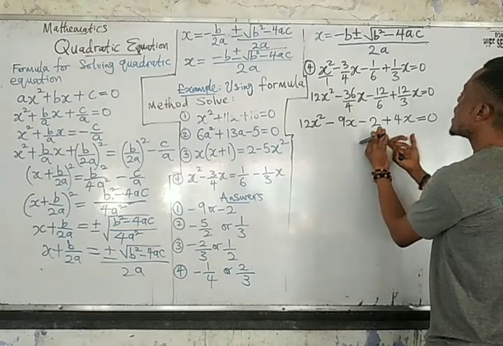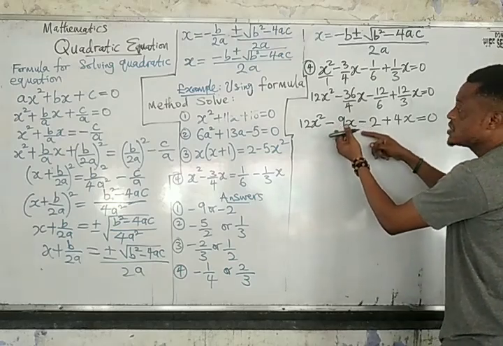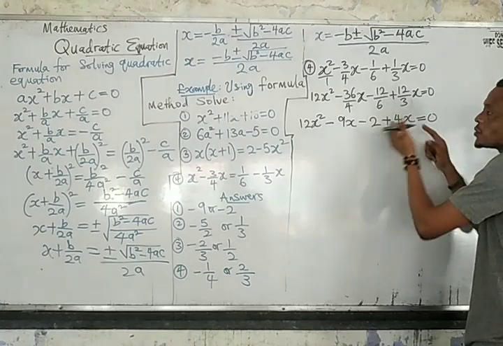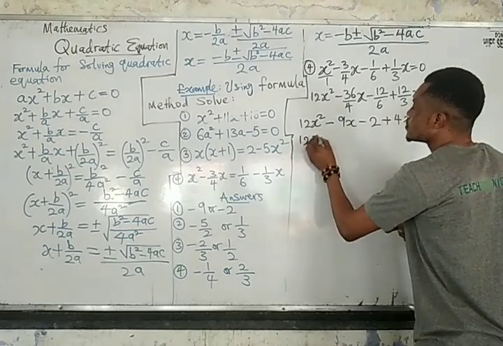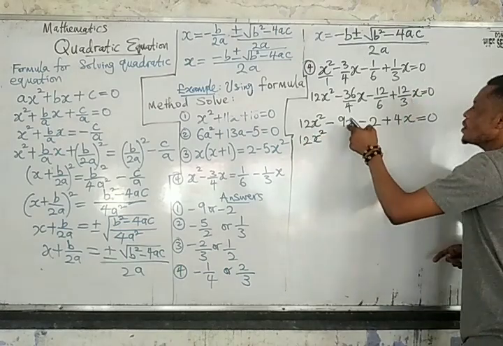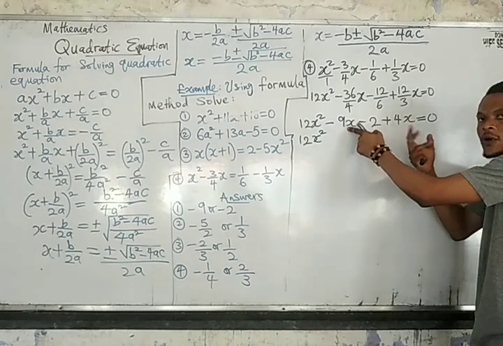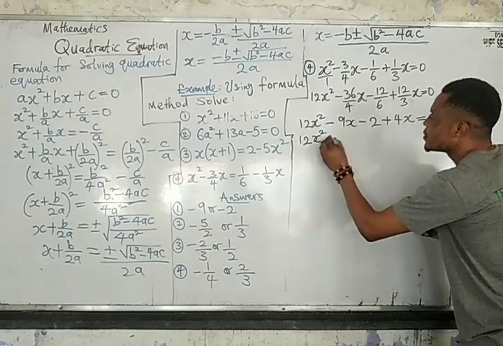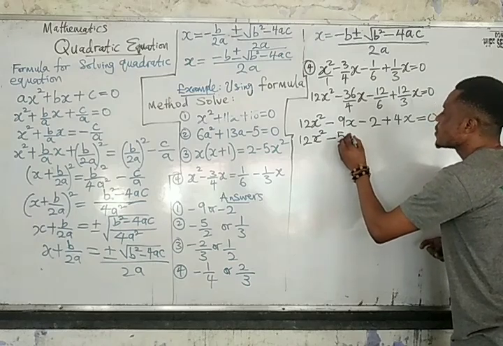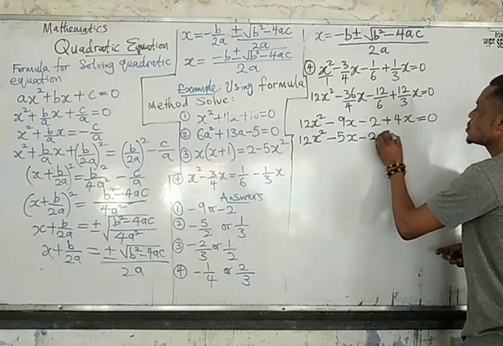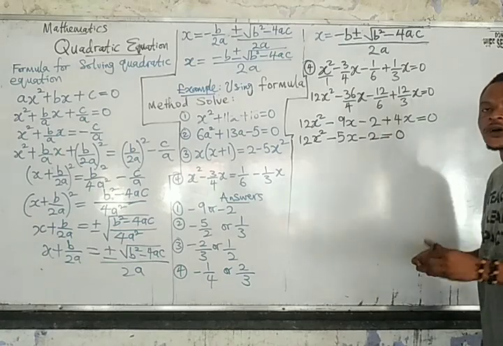So by working this out, by collecting the like terms, this is minus 9x and we have 4x. So we are going to take the 4, we will be left with minus 5x. Then we have the constant to be minus 2, all to give us 0.